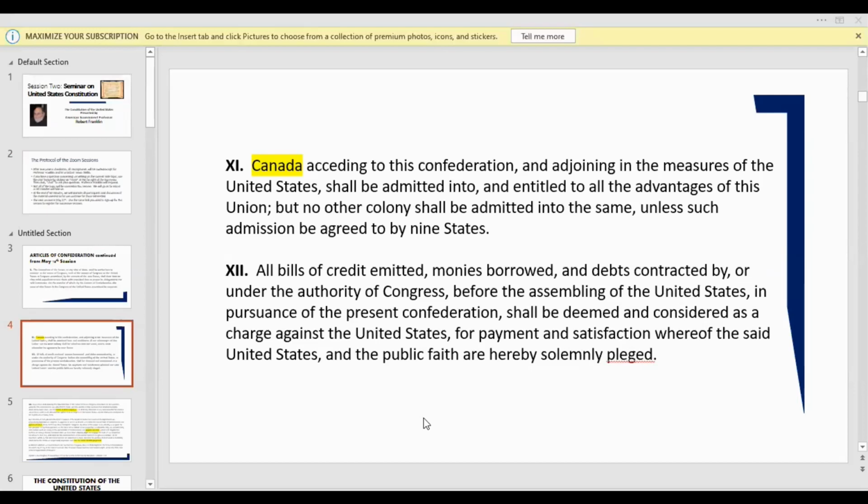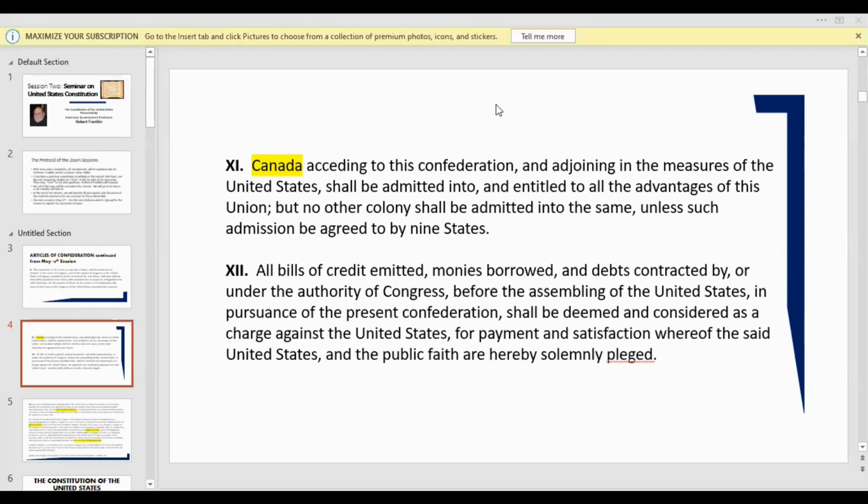There was a place called Canada, and that was a dominion of Great Britain. Well, the colonists just could not understand why Canada did not want to join in fighting against the British. So they stuck this in because they knew sooner or later that Canada would come to its senses. And so they put this in explaining how Canada becomes part of the United States as soon as they come to their senses. So that's just historical fun.